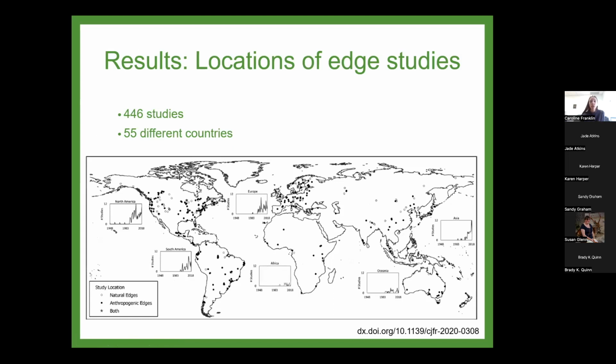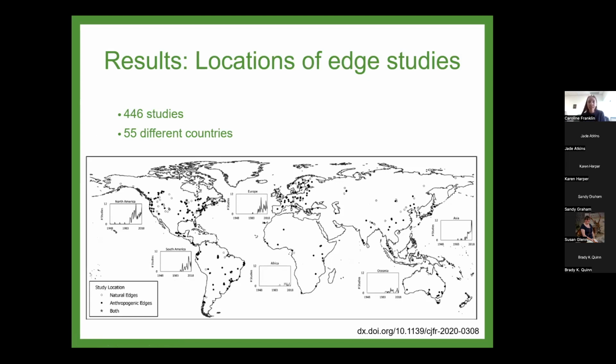This map is showing the locations of those edge studies. We found that edge studies were performed in 55 different countries, which is great. The filled circles represent anthropogenic edge studies, the unfilled circles represent natural edge studies, and the stars indicate where studies considered both edge types.